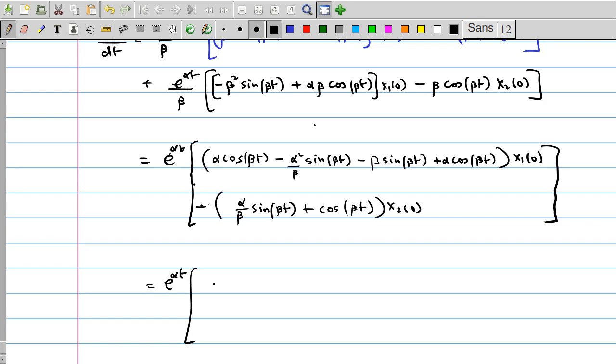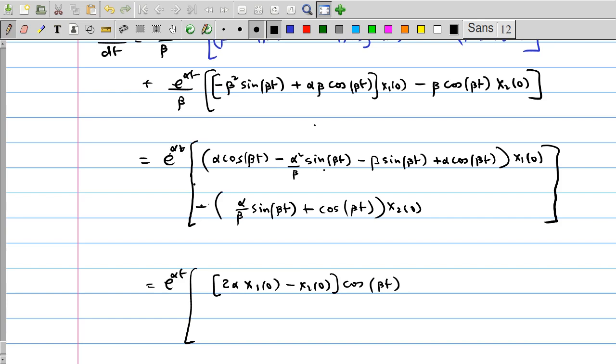Okay, so then that is equal to, grouping the terms. So it's 2 alpha cosine, no, the cosine is outside. 2 alpha x1 of 0 minus 1 minus x2 of 0, times cosine beta t, and the other one, everything is a minus.